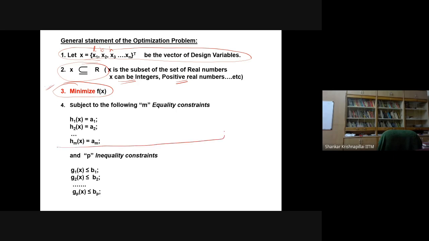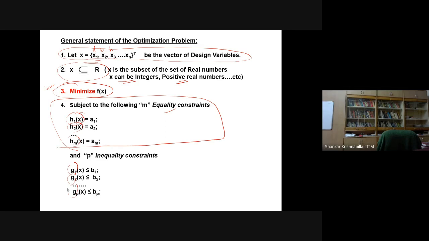Then you have to give a list of equality constraints. According to optimization notation, the alphabet h represents the equality constraints and g represents inequality constraints.